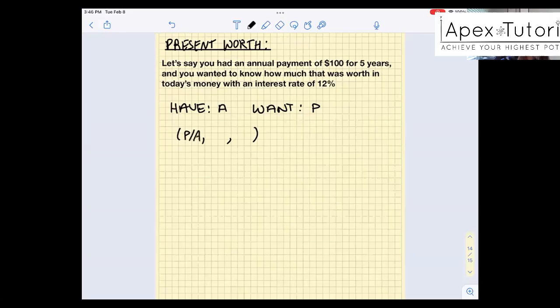A. So it's P over A. What interest rate? 12%. How many years? 5. Look that up in the table. Go to the page with 12%, go to the column with P over A, go to the row with 5, and tell me what you get.